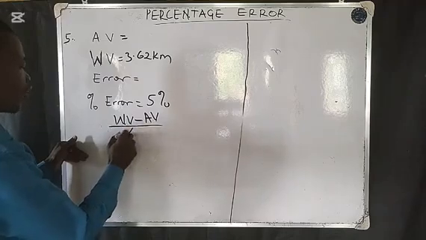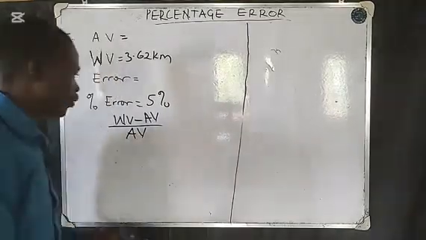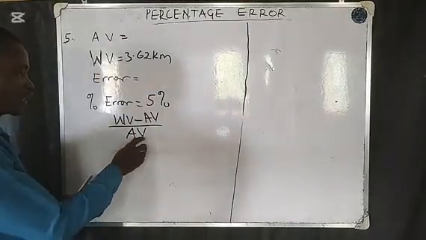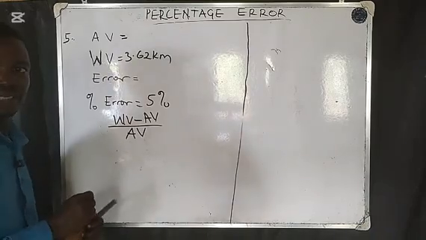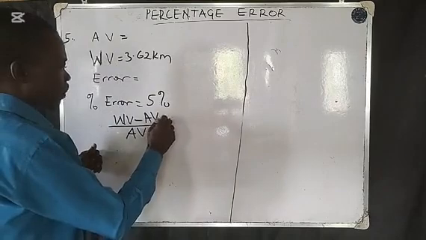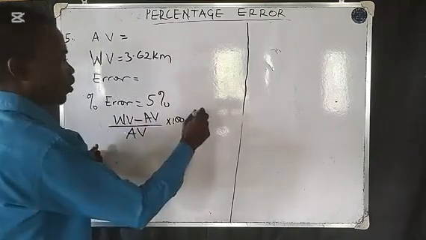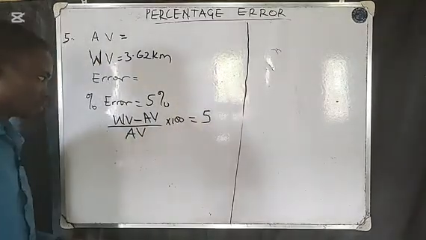But it is still all over AV. It does not matter which one is bigger, which one is smaller. AV will always be your denominator, actual value, because it comes first. Multiply by 100 will land you in the percentage error already given to you.